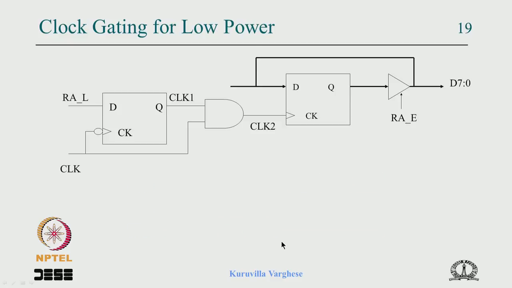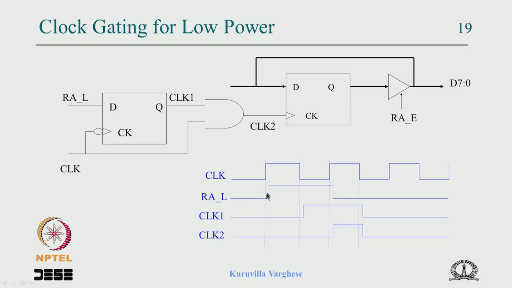That is what we have done in the next scheme. Here the clock drives a negative edge triggered flip flop, and the enable signal is given to that, so it is resynchronized to the negative edge clock 1, which is ANDed with the clock and used for clocking the register. That is what is shown here.